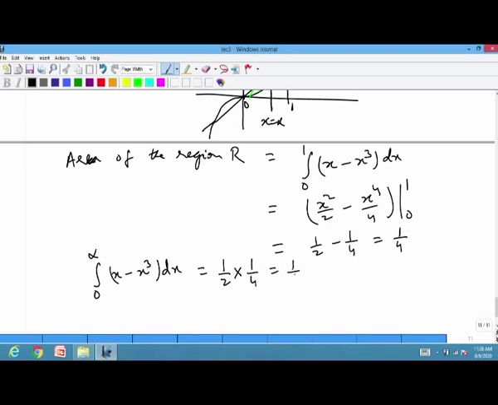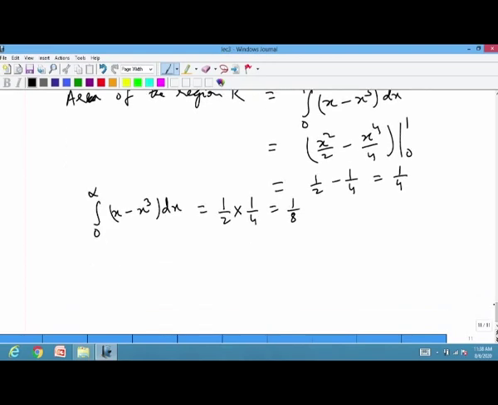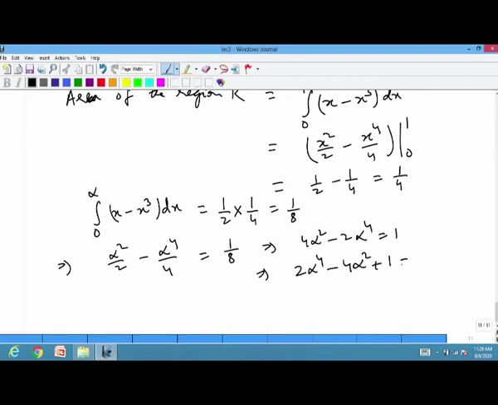So, this is equal to 1 by 8. Now, this will give alpha square by 2 minus alpha to the 4 by 4 is equal to 1 by 8, which implies if I multiply by 8, 4 alpha square minus 2 alpha to the 4 is equal to 1, which means 2 alpha to the 4 minus 4 alpha square plus 1 equal to 0.